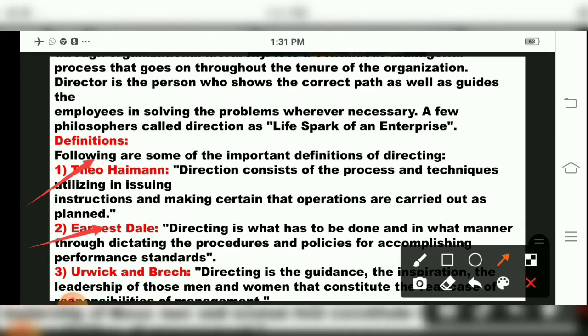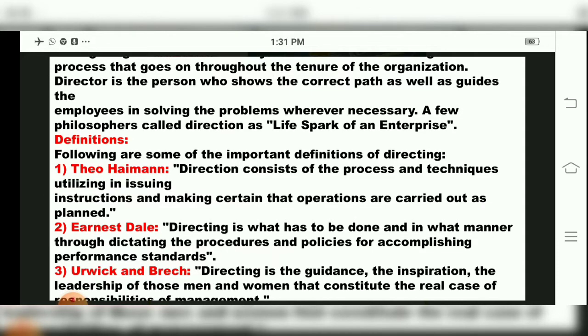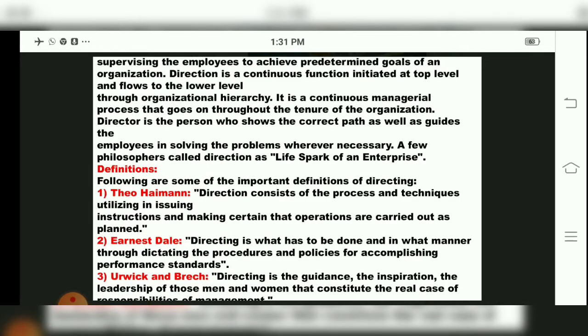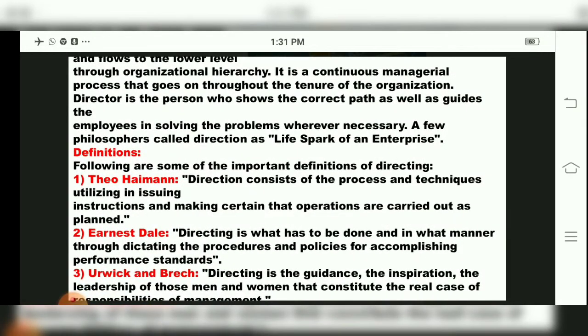So directing is what has to be done and in what manner we do it, how we guide the employees, which procedures we follow, and which policies we will take to accomplish our goals. That is how directing is defined according to Professor Ernest Dale.